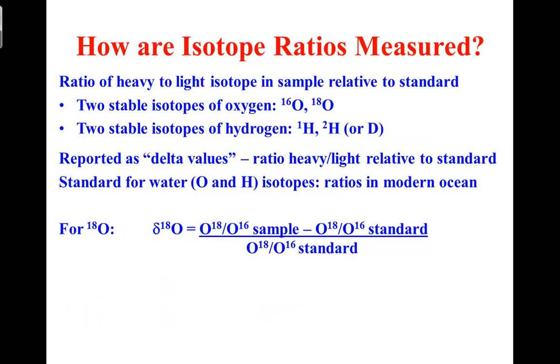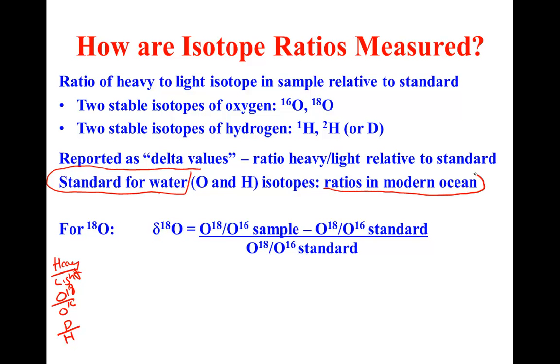Now, when making isotope measurements, we're always measuring the ratio of heavy to light isotope, for example, O18 to O16, or heavy hydrogen deuterium to normal hydrogen H. And we're reporting those measurements relative to some reference material or standard. The standard for water isotopes, oxygen and hydrogen isotopes, is their ratios in today's ocean.